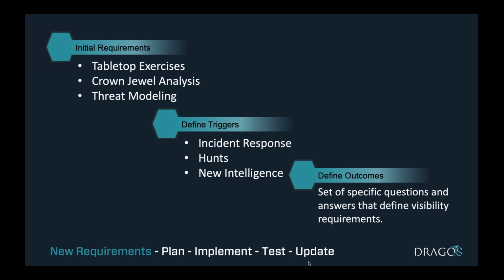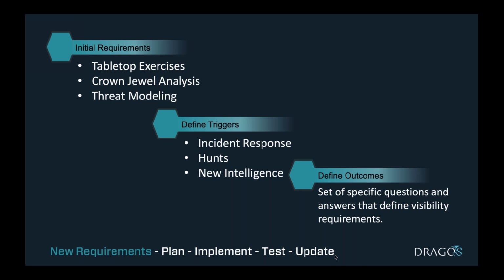Same thing with hunting. So hunting can be quasi-described as like incident response without the incident, right? So you come up with a scenario that you believe is possible, and then you collect the data in order to confirm if that is actually occurring. So I've been using the example of PowerShell, for instance, being able to collect a significant amount of data to then review and see if PowerShell is being used in the environment in either a malicious or non-malicious fashion.